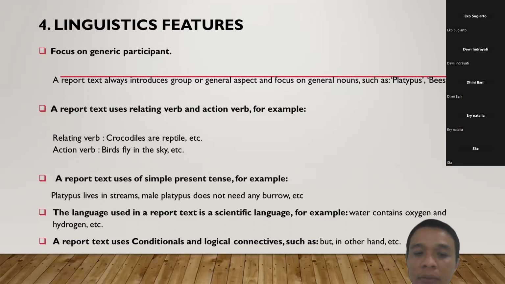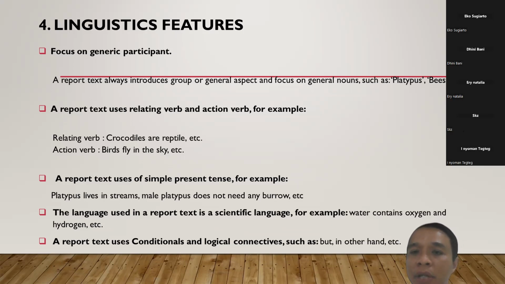And then the language used in a report text is scientific language. For example, water contains oxygen and hydrogen, etc. Specifically, a report text shows the use of scientific words or scientific terms.